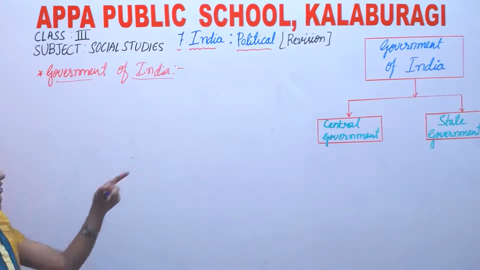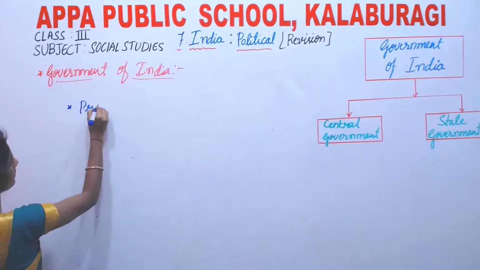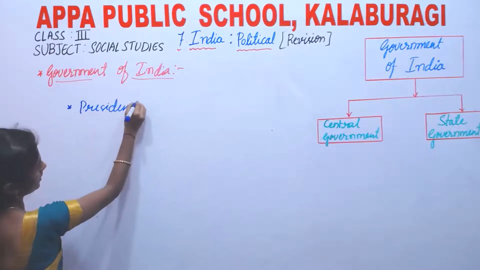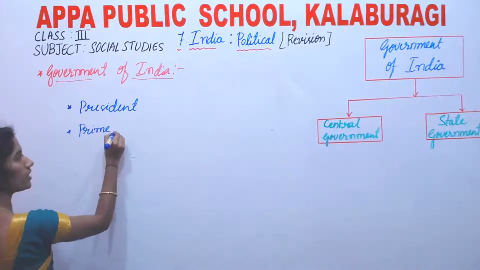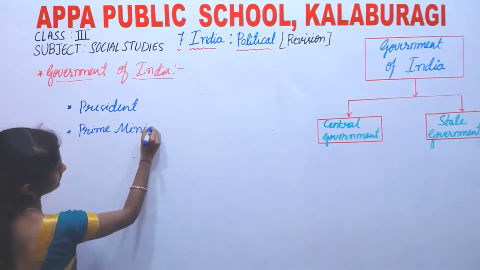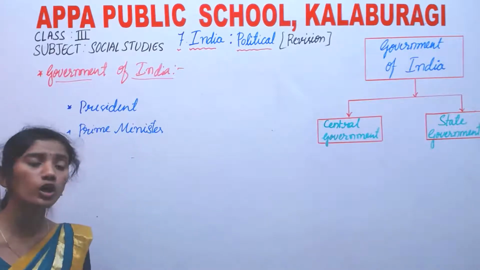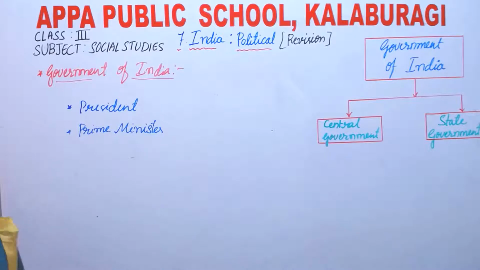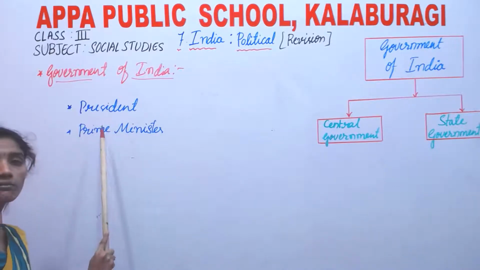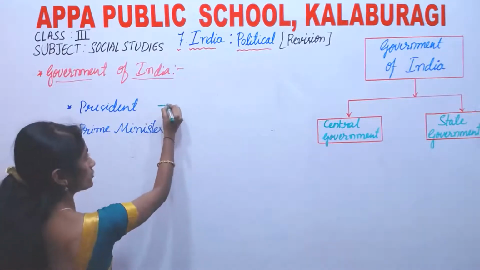Next, in the central government, the president and prime minister are the two most important people in the government. Who is the president, children?